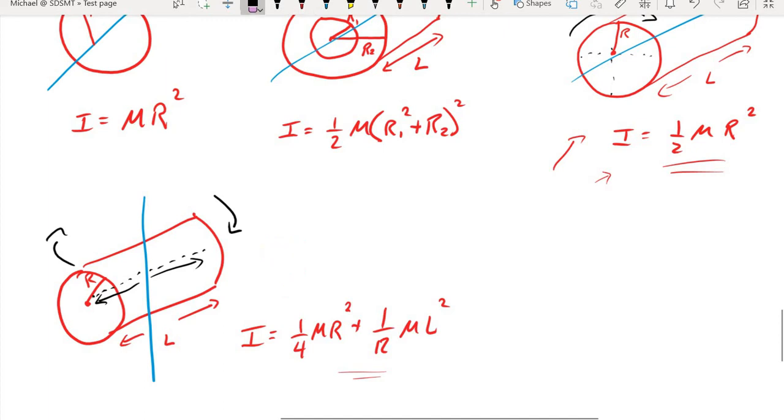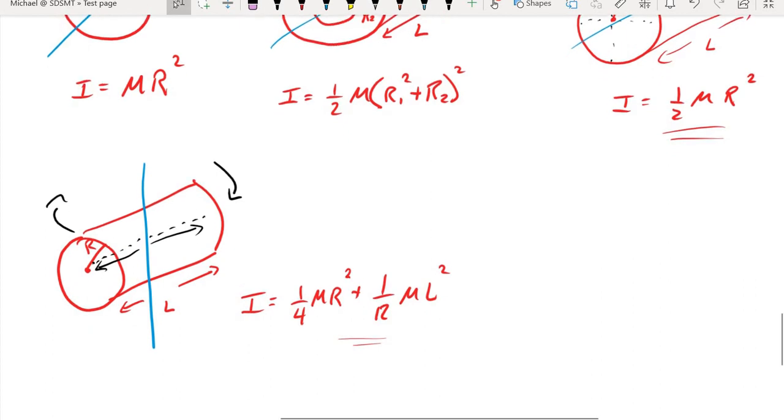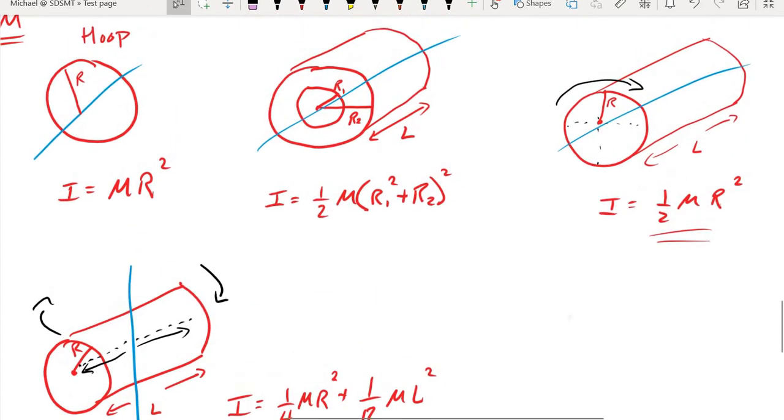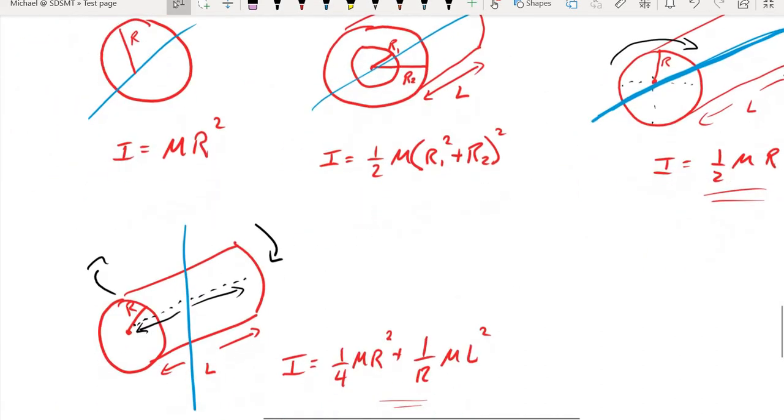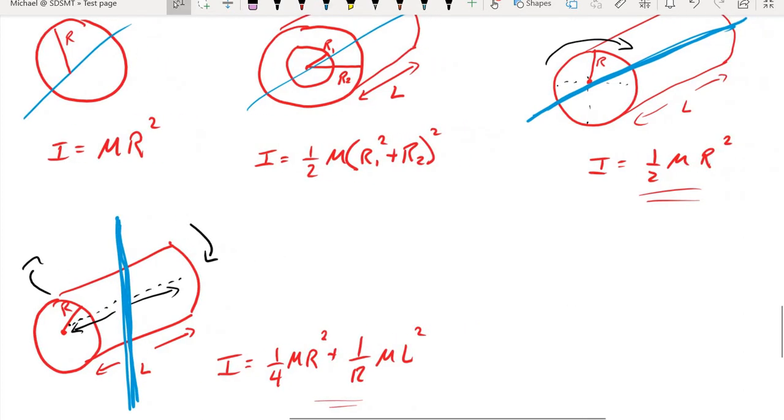And this is something that you can try next time you go out camping. If you're roasting hot dogs or something, you can try skewering your hot dog through the central axes of the hot dog, or you can try skewering the hot dog right through the middle, and then spin them both really fast and see which one breaks first. And I can guarantee you it'll be this one.